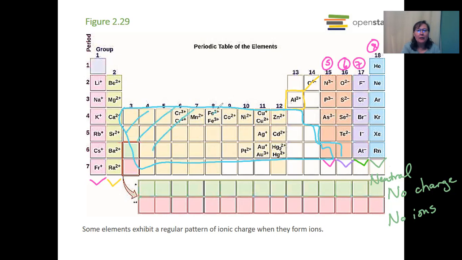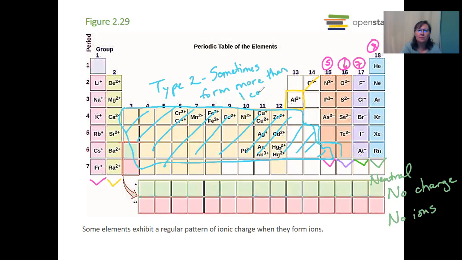Everything in here, we often call these type 2s because most of them will form variable charges. And this just means that sometimes they form more than 1 ion. Not all of them. But sometimes they'll lose 2 or 1 or 3 or even 4 electrons to form those positive charges.